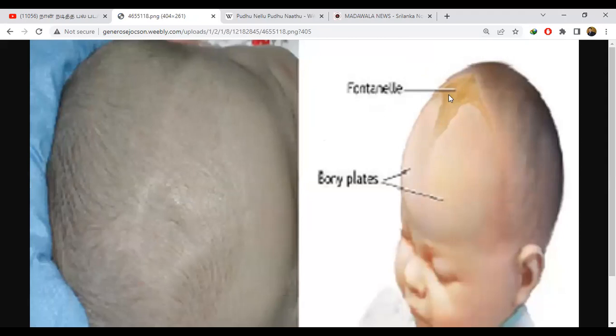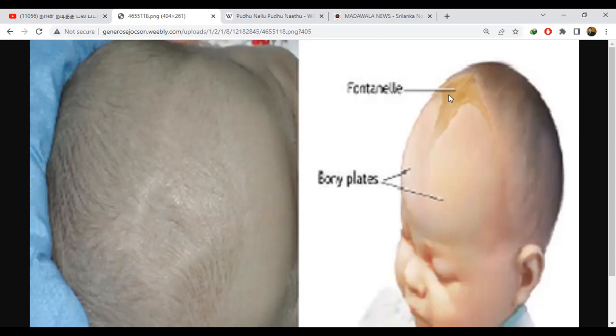Why is it soft? Actually our cranial bones start to develop like a membrane. It is a membrane becoming harder and turning into a bone. In the beginning, when the child is developing inside the mother, it is a membrane part.